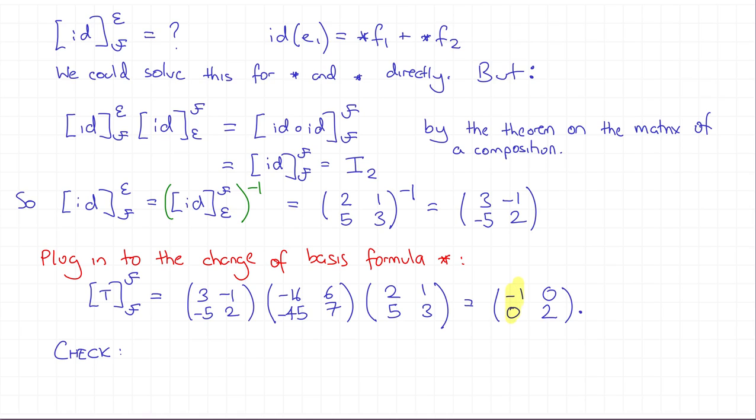So the first column here is saying that T of F1 should be equal to minus 1 times F1 plus 0 times F2. In other words, T of F1 should be minus F1. And similarly, looking at the second column, what that tells us is that T of F2 should be 0 times F1 plus 2 times F2.